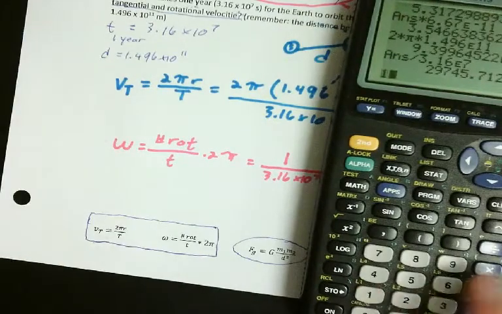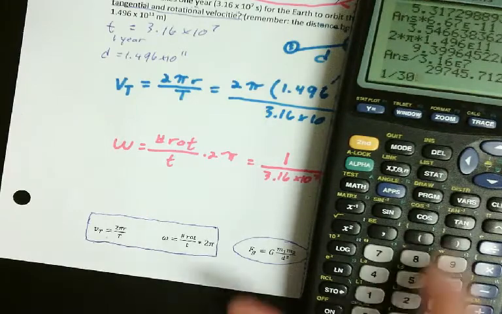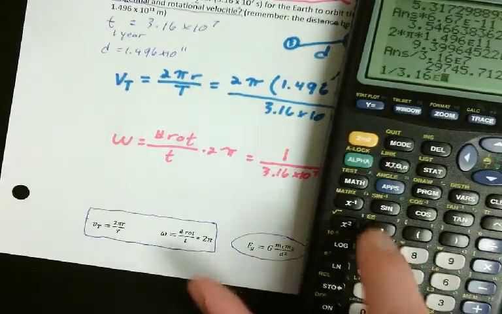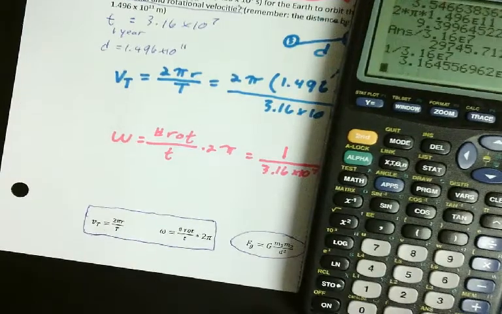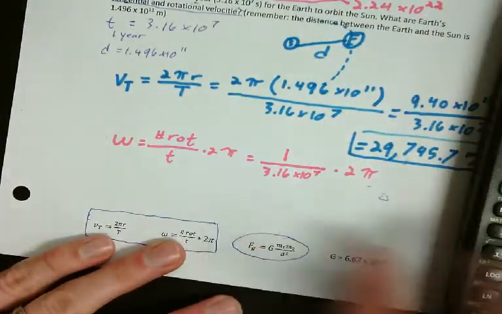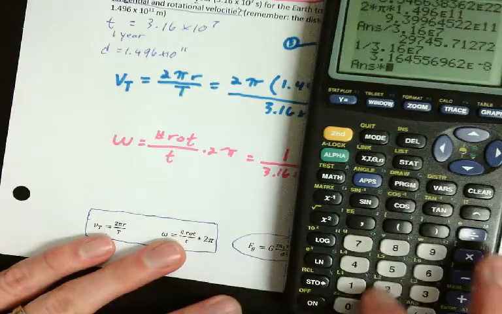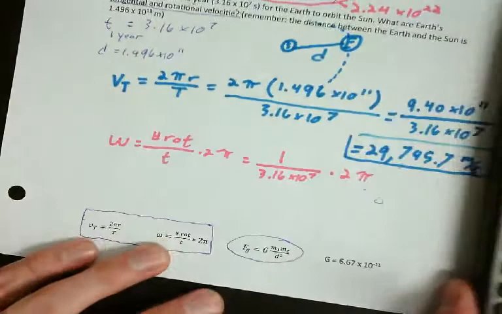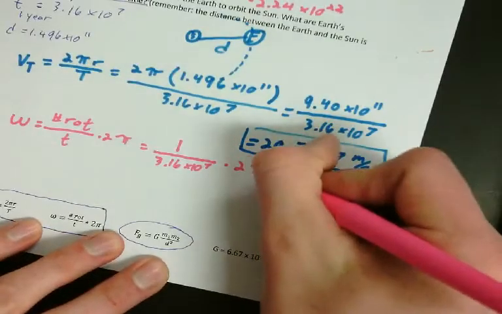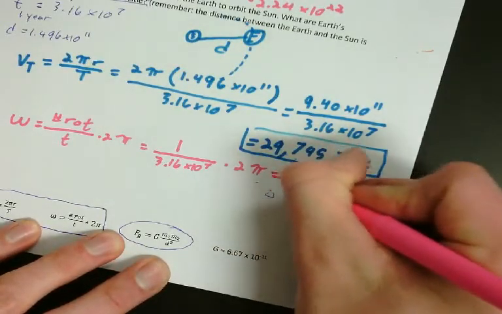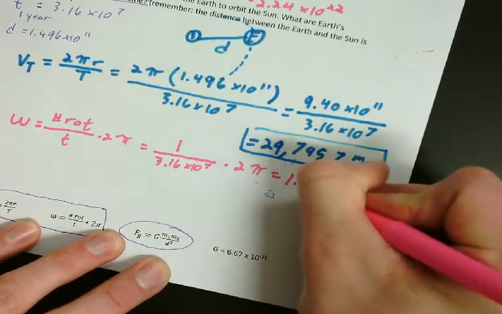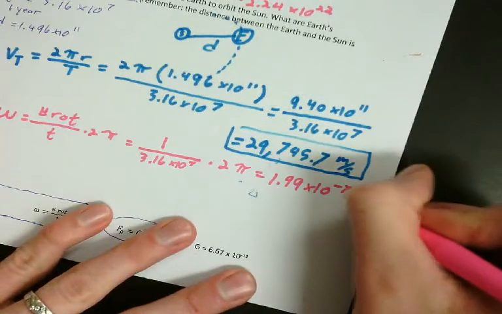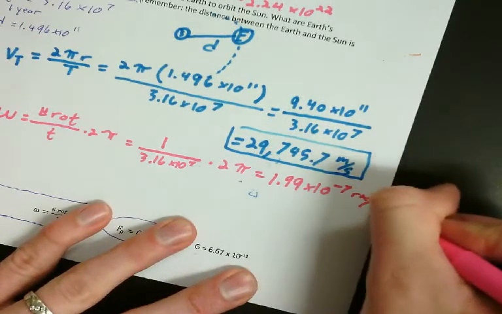So 1 divided by 3.16 to the 7th, and then that number times 2 times pi. And we end up with 1.99 times 10 to the negative 7th. And this unit is radians per second.